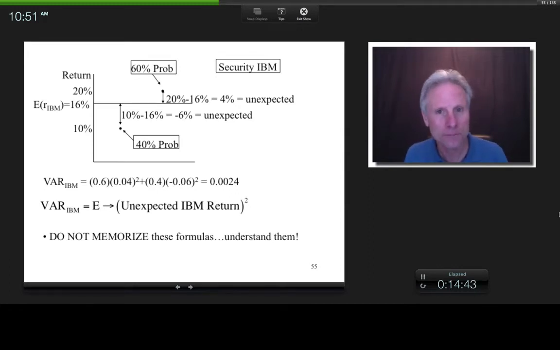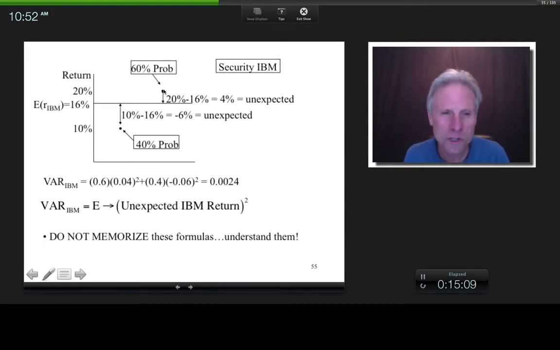How? Well, we began with the logic. Is risk about the expected or the unexpected? It's about the unexpected. So how do you measure the unexpected? It's the difference between what actually happens and what was expected to happen. We'll just apply the expectations operator to that. Except if we did that, we'd have a sign problem.